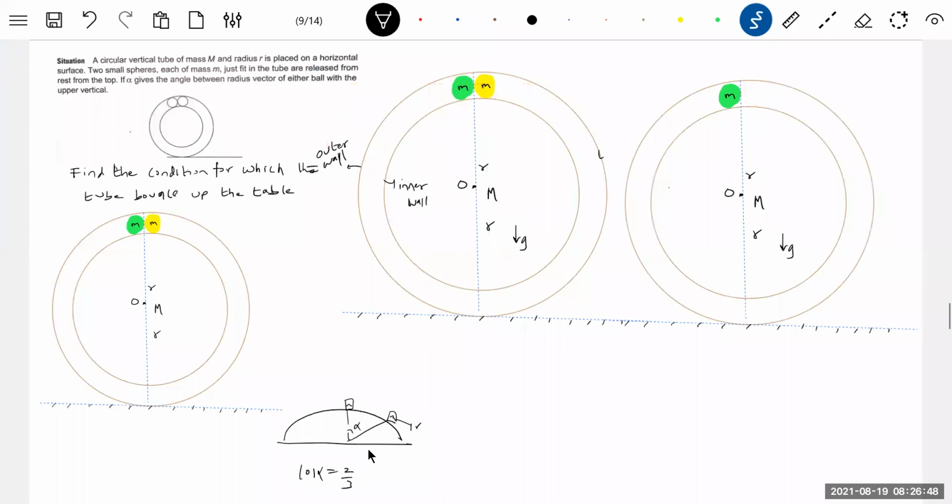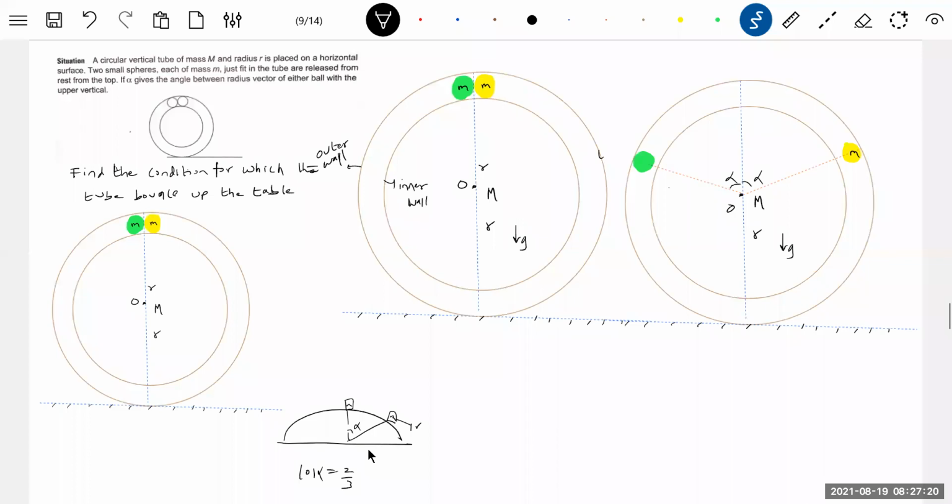So these balls, when they are here, you see how I'm showing it, they are in contact with the outer wall. This is alpha.